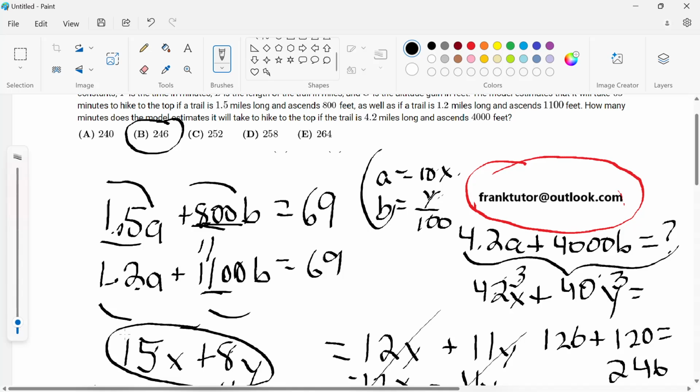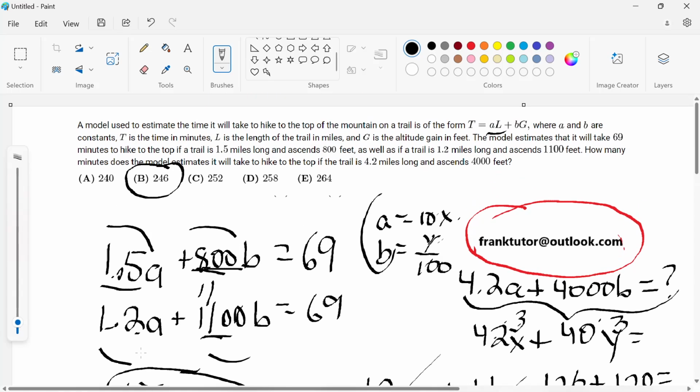So how do you know to make those changes, make A equals 10x, B equals y over 100? You have to work a lot of AMC 10 problems to know right away what to do, because you get 3 minutes per question. I think I'm going to call these questions rather than problems because there's multiple choices and there's more than one way to get the answer. But if you're sitting there trying to figure out what you have to do and you're not used to this test, you're going to run out of time. There's 25 questions in 75 minutes.